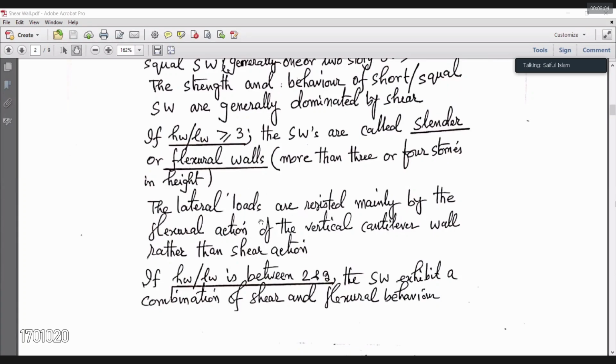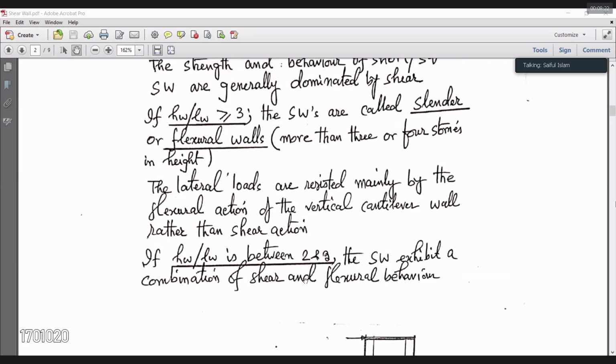If HW by LW lies between 2 and 3, the shear wall exhibits a combination of shear and flexural behavior, dominated by both these actions.